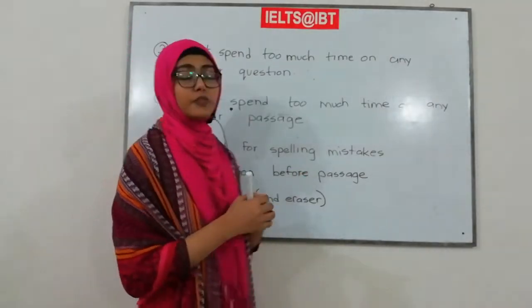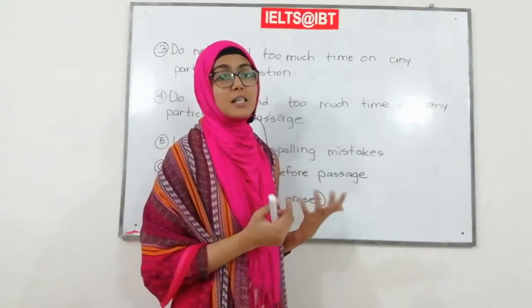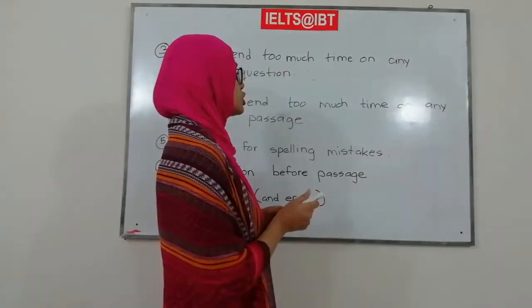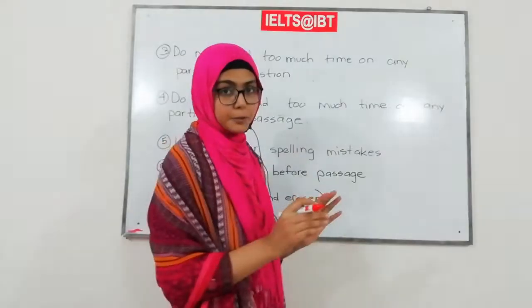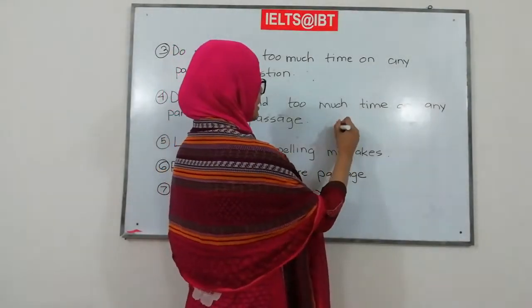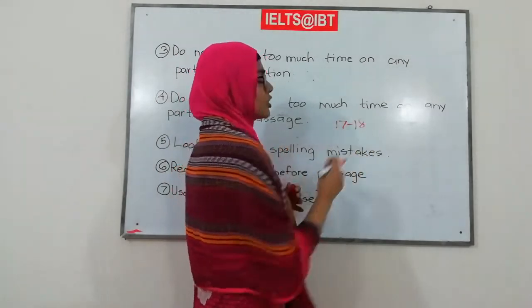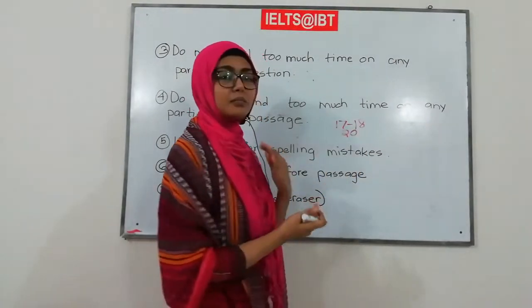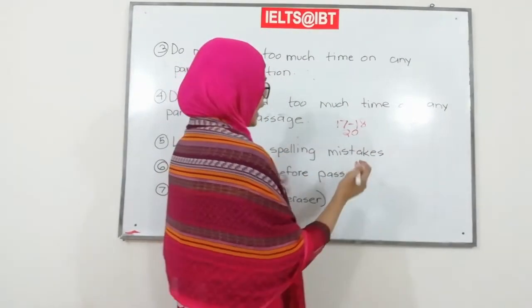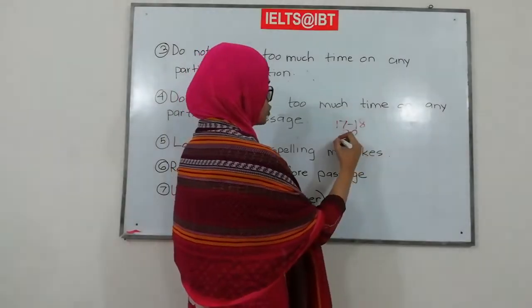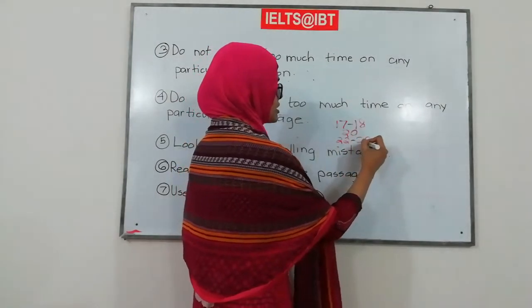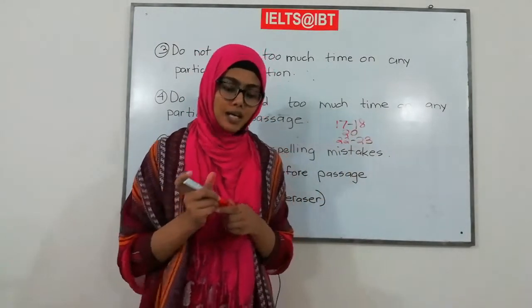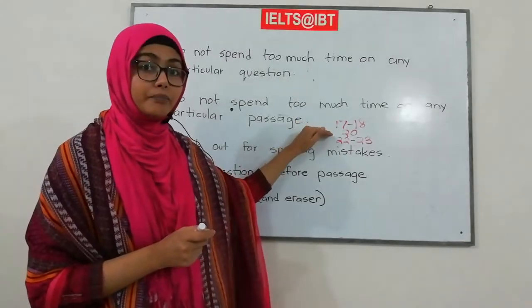However, if you found out that this is an easier passage, you're going to spend around 17 to 18 minutes on the easier passage, 20 minutes for the medium difficulty passage, and about 22 to 23 minutes on the difficult passage. That's how you should divide your time.